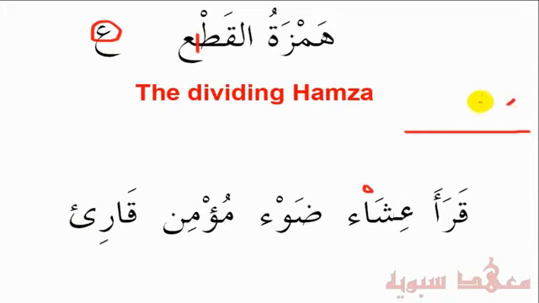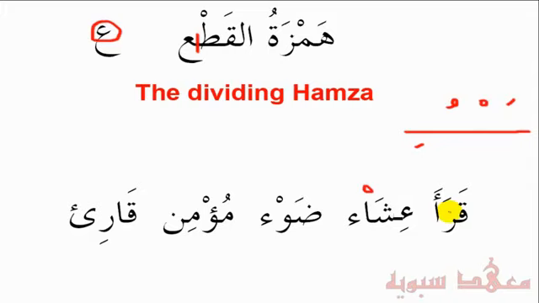If we have a letter with a sukoon, the hamza is all alone. If it has a dhamma before, the hamza gets a waw. And if the letter before the hamza is a kasra, then the hamza is associated with the ya, without the two dots, as in here. So here, qari' means one who recites, and qara'a means he read.